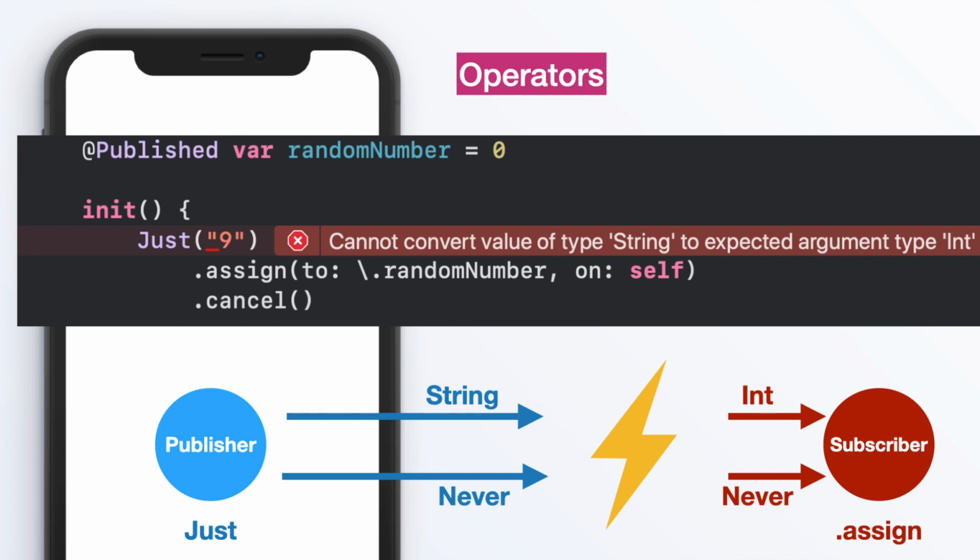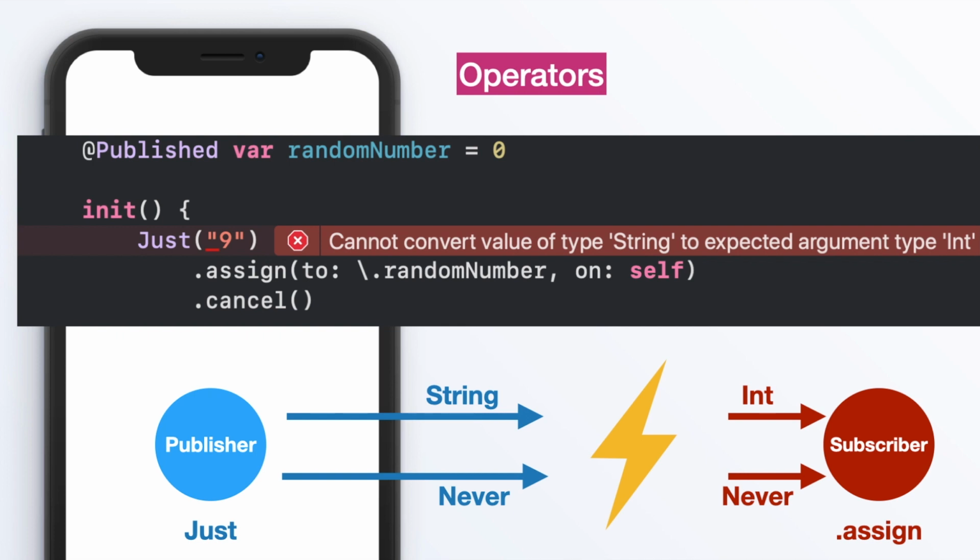However, this will lead to an issue because in this case, the subscriber wants to assign the output of the publisher to the integer variable random number. So the input type of the assign subscriber is an integer. However, the output type of the publisher is a string. And there we have an incompatibility between the output type of the publisher and the input type of the subscriber.